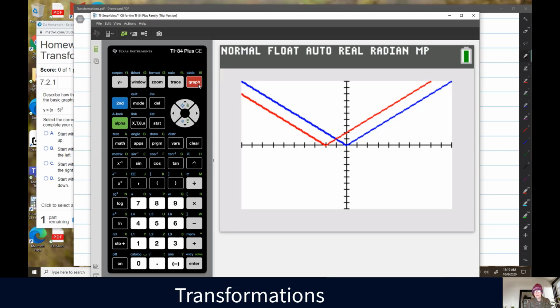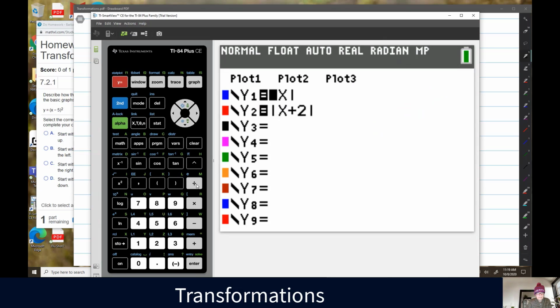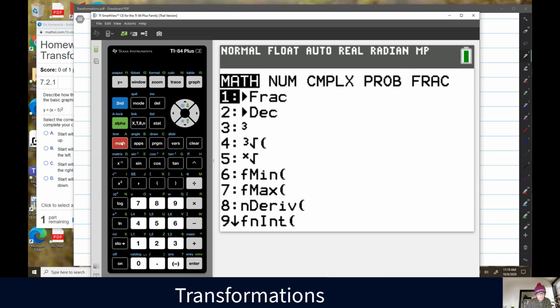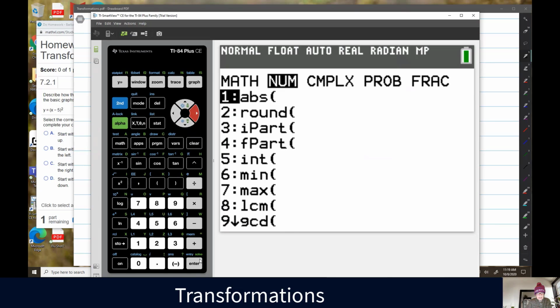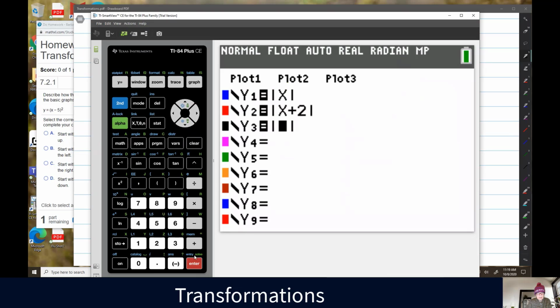And if I decided I wanted to move it to the right 3 units, I would go down here, math, right arrow, enter, x minus, that's a negative, minus 3.